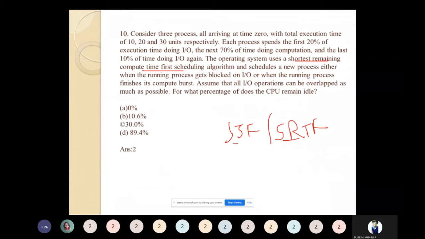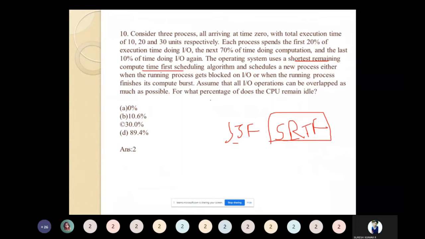In shortest remaining time first, the processor will choose the process which is closest to completing its job, and that process is given the choice. This is one of the important methods in scheduling algorithms.